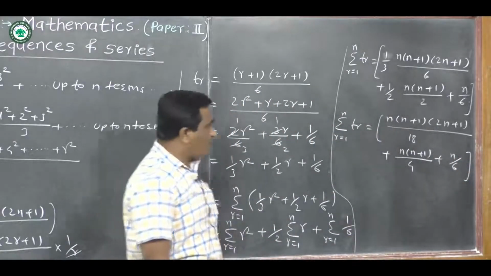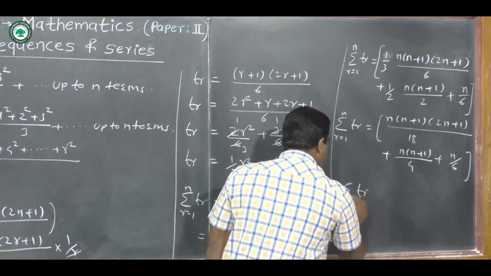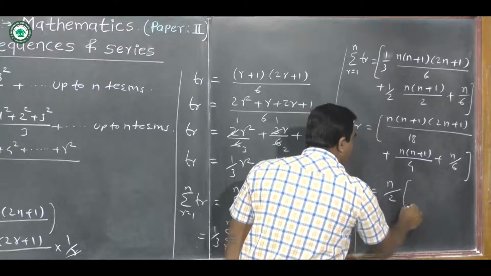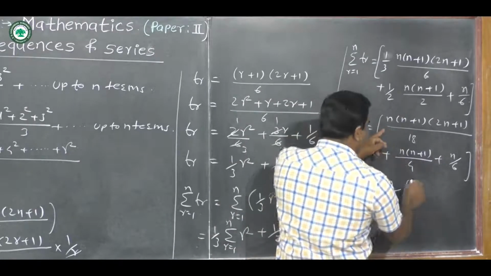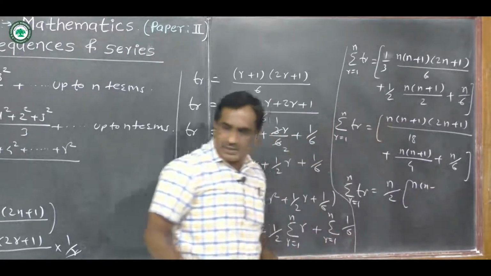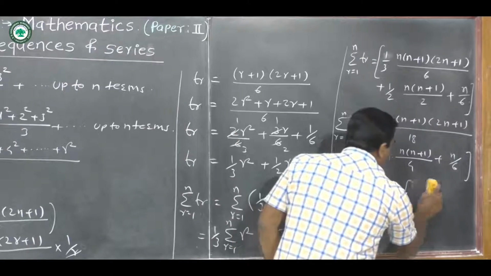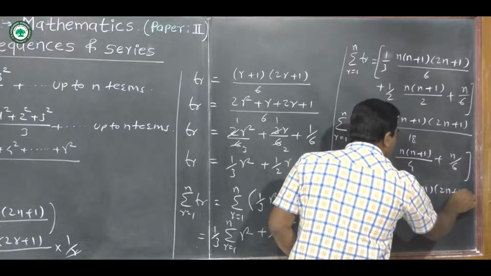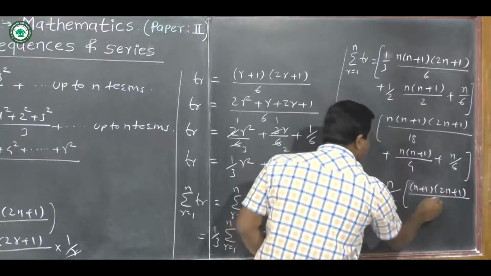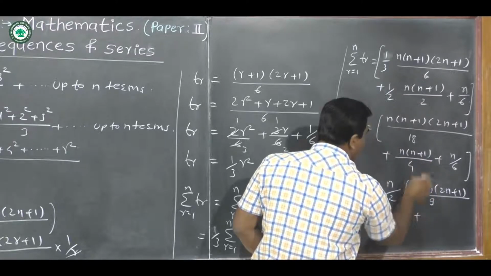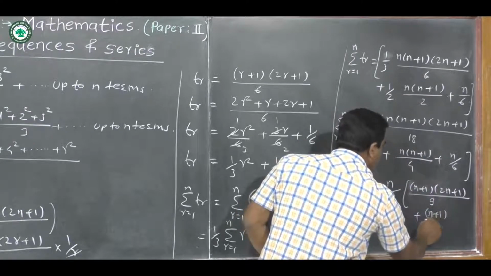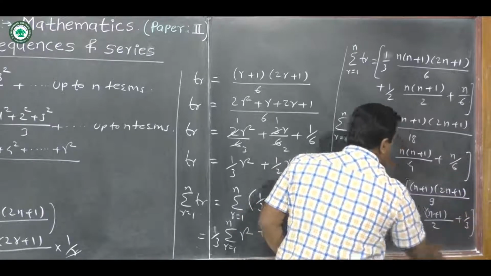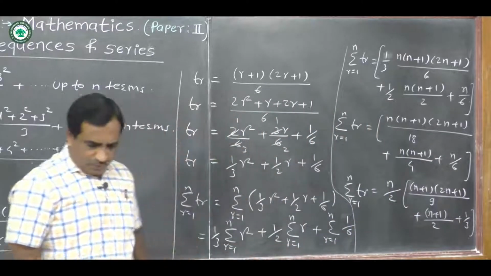Now we take n by 2 common, so summation tr, r goes from 1 to n, is equal to n upon 2, and in the bracket remains n plus 1 into 2n plus 1 upon 9, plus n plus 1 upon 2, and here remains 1 upon 3.